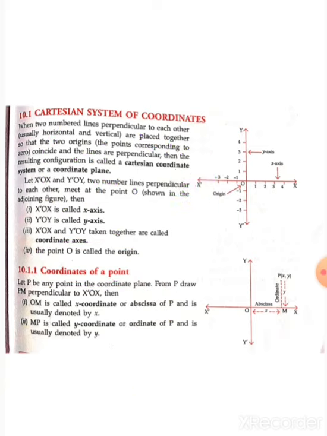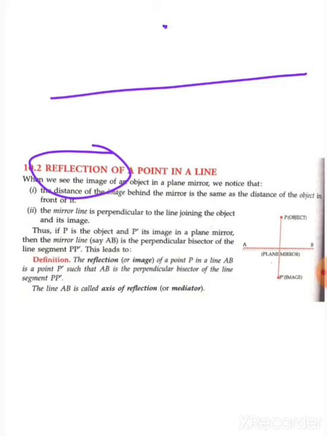Now we'll discuss reflection. Reflection, with respect to a line here, suppose this is P, you always get a reflected image of P, that is P dash, and the distance of this image from the line and the distance of this object from the line is always the same.